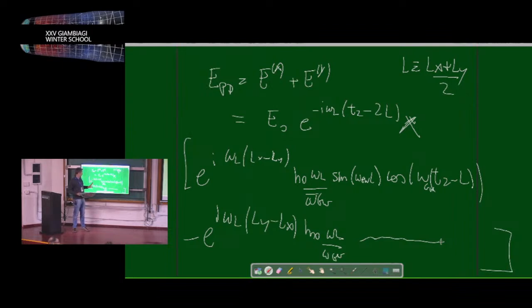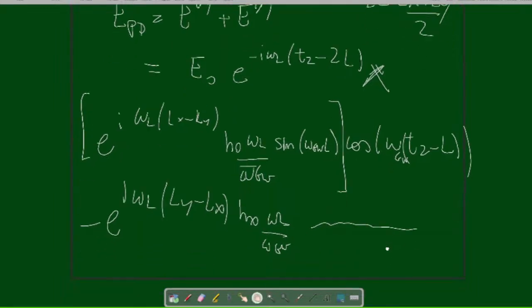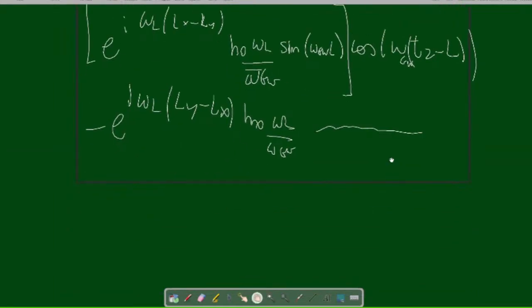So look at this. This is exactly the combination that gives you the sine of this. So I can put in evidence this, and this is the combination that exactly gives you the sine.